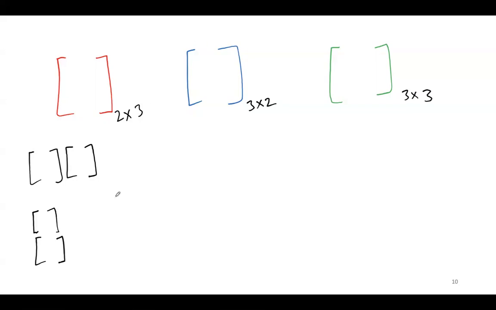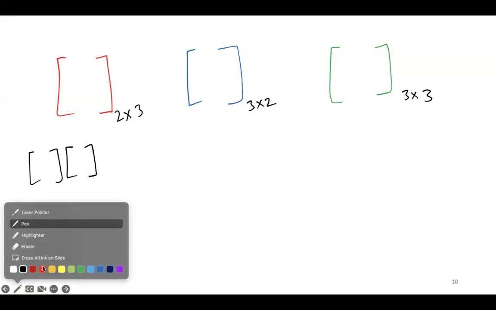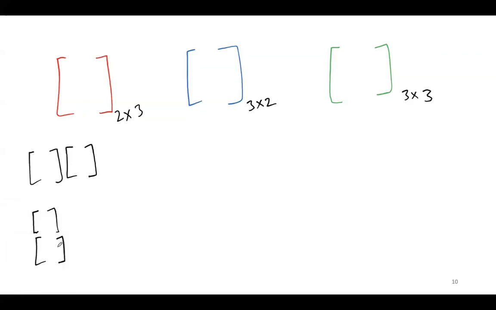Okay. Let's see how that may be possible. If I have a 2 by 3 matrix, it's basically like this. This is the matrix, and here, this is the matrix.